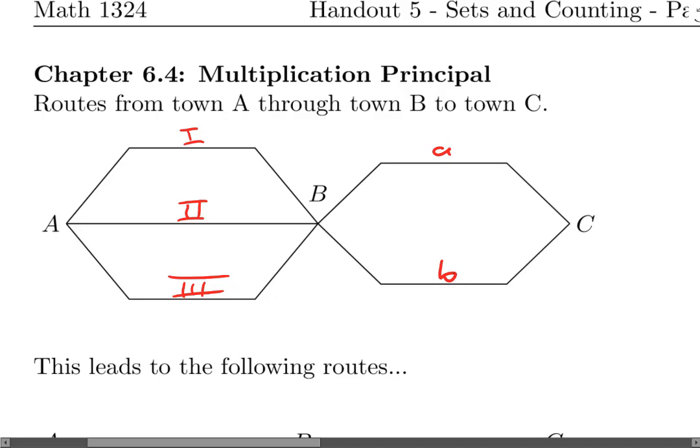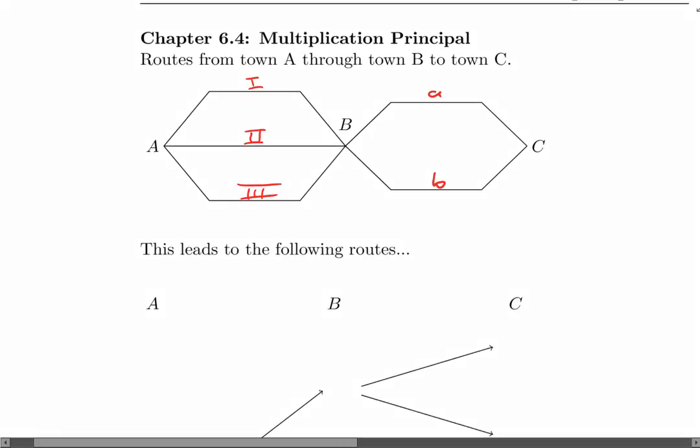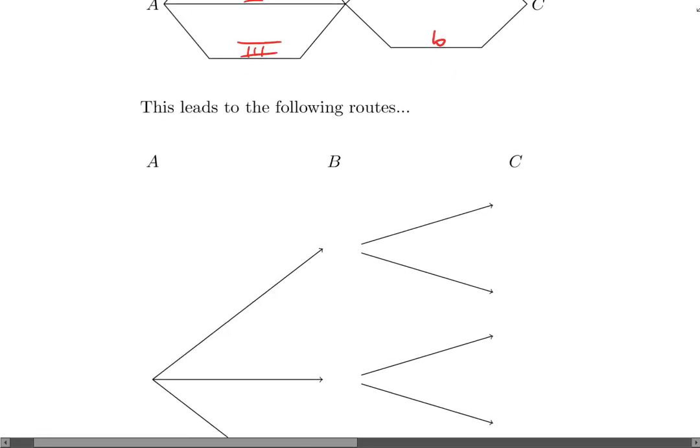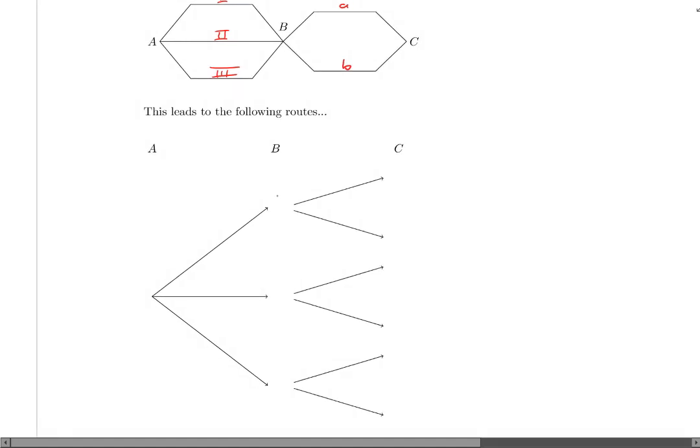So what are all the different routes we can take? Well, we got a map out here. From town A to get to B, you can, of course, take route 1. And then you could go route either A or B. So your route here would be 1A, and this would be route 1B.